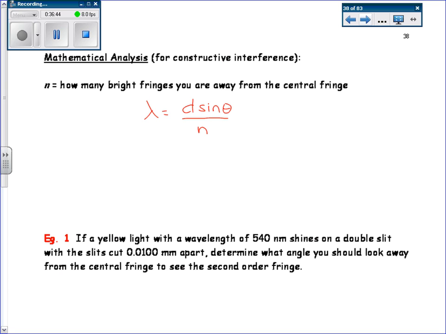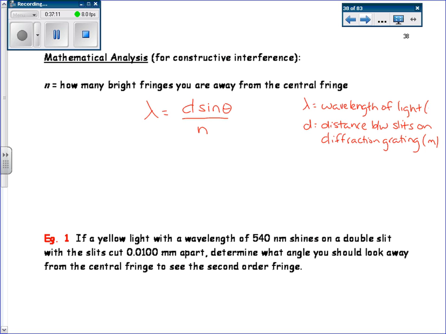Lambda is the wavelength of the light. d is the distance between the slits on the diffraction grating. Okay, so that's in meters. Lambda's in meters.